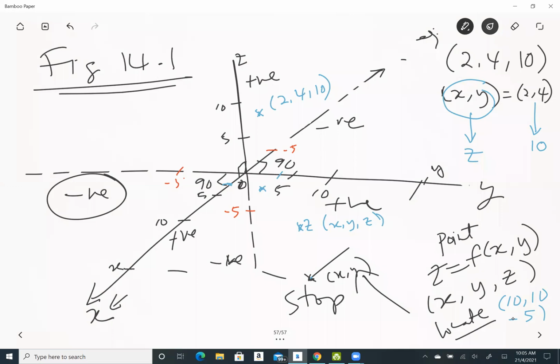Okay, now, for those who do it, where is the point? Anybody get it? Anybody? Okay, where is that point?